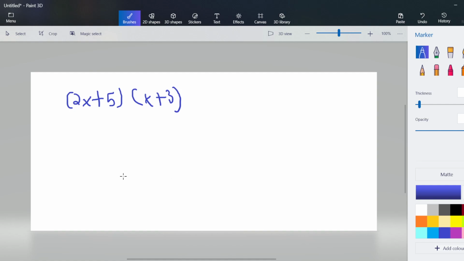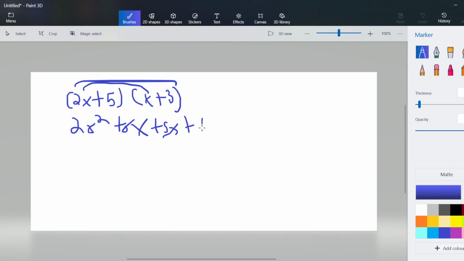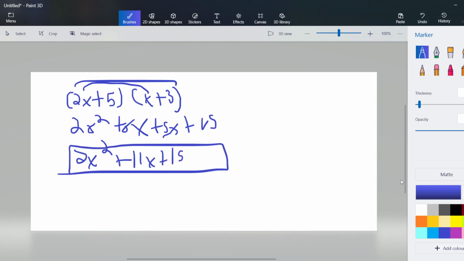So now we will be doing the FOIL method. So we're going to start with 2x multiplied by x, which is 2x squared, times 3 would be 6x. 5 times x is 5x, and 5 times 3 is 15. Combine the like terms, and you get the equation that we started with.